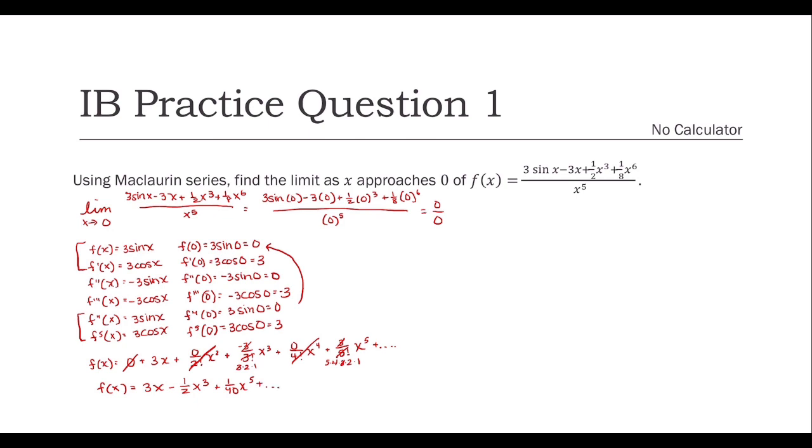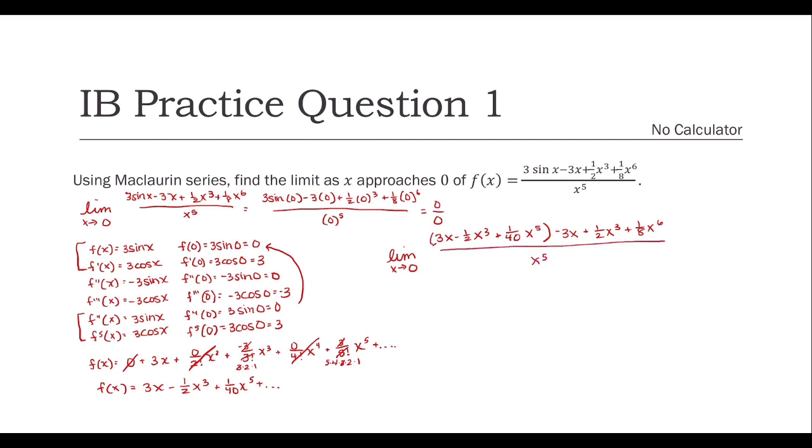So we can go ahead and plug that into our original function. So we'll have our limit as x approaches 0 of 3 sine of x, which we said is approximately 3x minus 1/2 x cubed plus 1 over 40 x to the fifth, minus 3x plus 1/2 x cubed plus 1/8 x to the sixth all over x to the fifth.